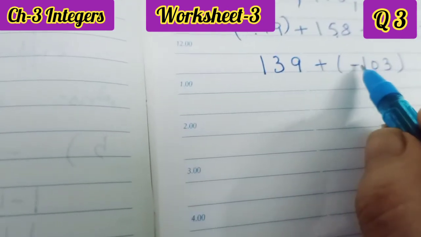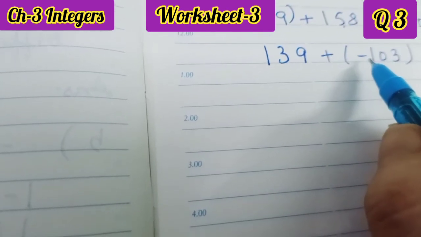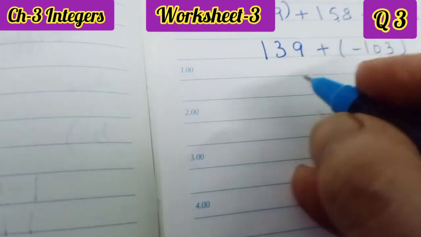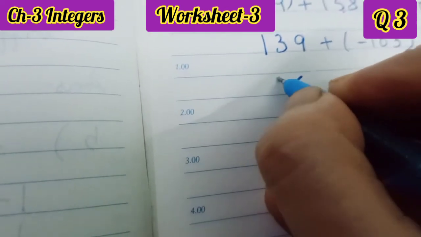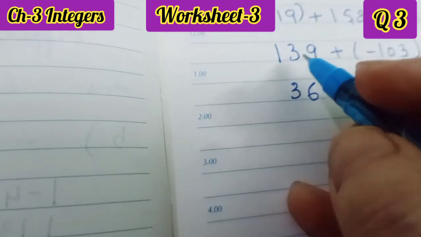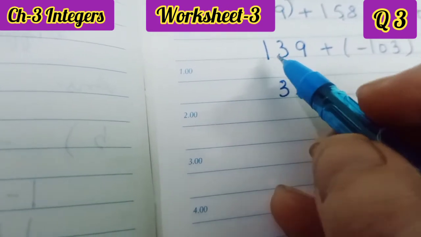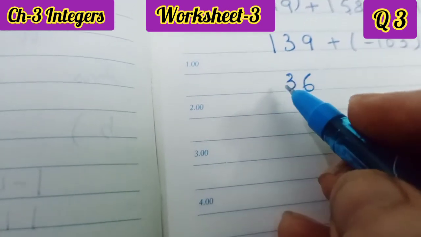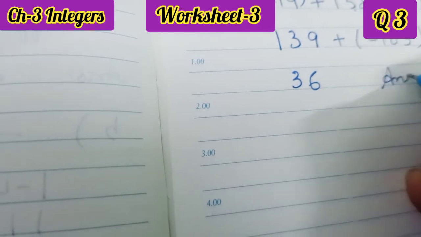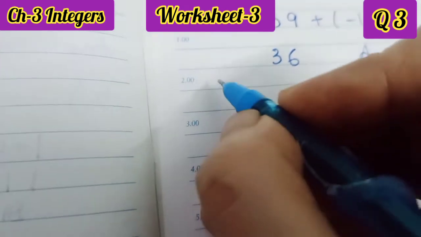Now again we are having plus and minus, so we find the difference of these numbers, subtract them, and here now the greater number is of positive sign, so positive sign is there, and we get the answer of the question.